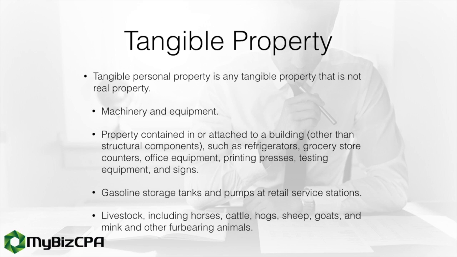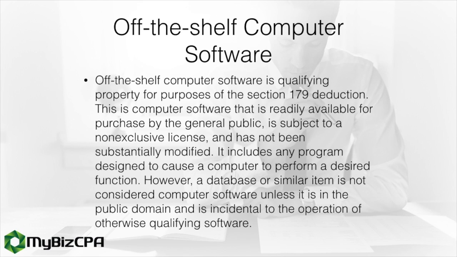Finally, tangible property can also include many types of livestock, like horses, cattle, hogs, sheep, goats, mink, and other fur-bearing animals. Off-the-shelf computer software is simply defined as generic software that can be purchased by the general public. This can include the basic suite of computer software most businesses use in connection with their business.